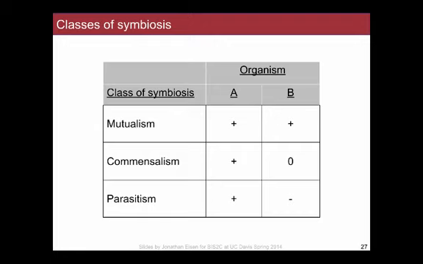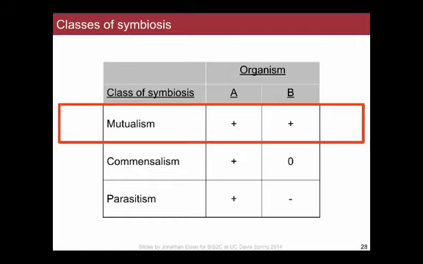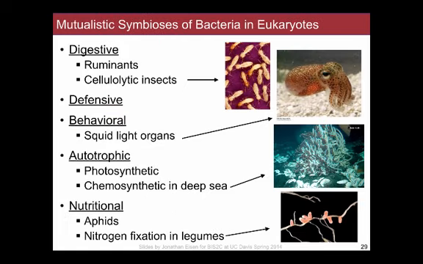So again, if you have one organism benefiting, the effect on the other organism allows us to classify symbioses into different categories. Mutualism is when both partners benefit, and there are a litany of examples, many of them in the book, some you will hear in the rest of the course, about different kinds of mutualistic interactions between bacteria, occasionally also archaea, and multicellular eukaryotes.